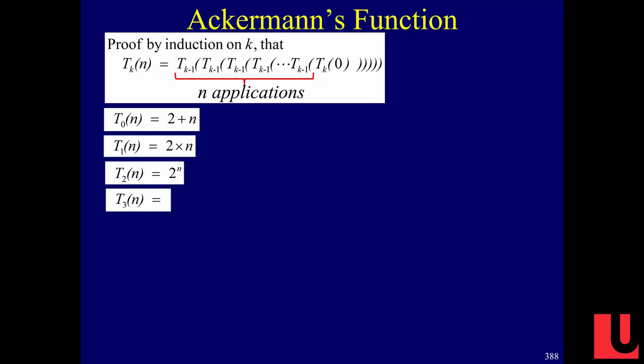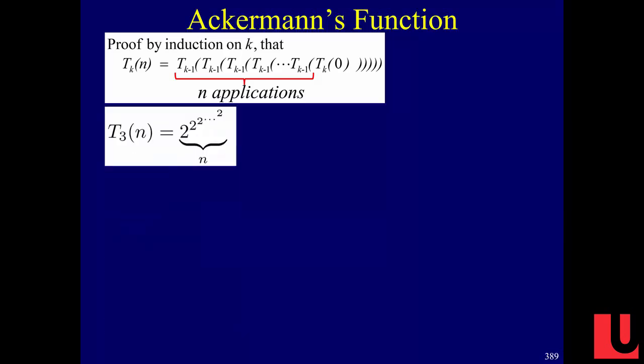Then what's the third function? Well, we go 2 to the 2 to the 2, n times. You get the stack of 2's, all right? Now, you might not appreciate how big this grows. So let's just study the third function for a while for various values of n. This is what I added today, focusing on 3 instead of going to 4.